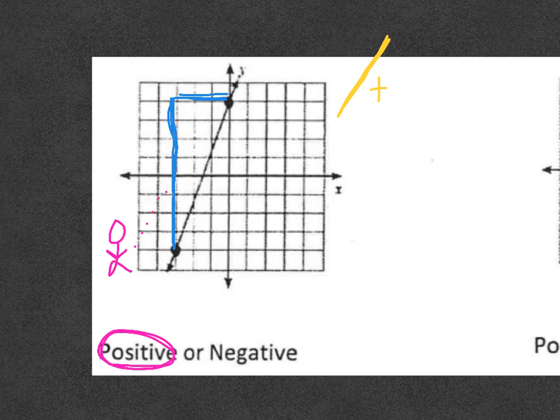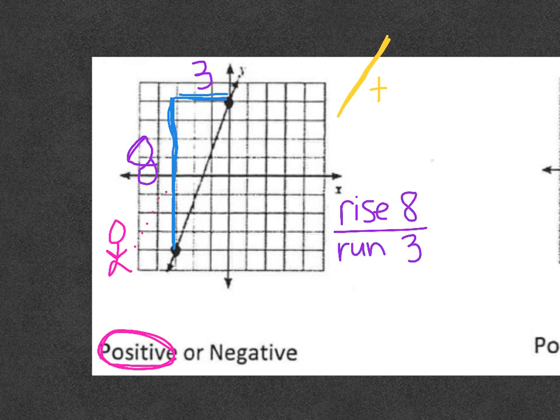So I have a rise of 8 and a run of 3. So over here, I'm going to say rise 8, run 3. This fraction cannot be simplified because it would make it improper, and we want it to either be a fraction or a whole number. So I'm just going to leave this 8/3. And it's positive, so I'm just going to keep it 8/3.